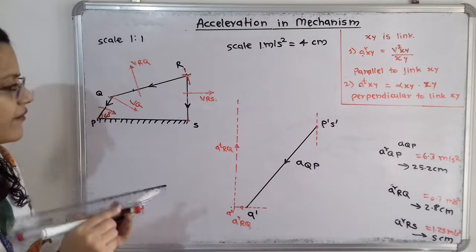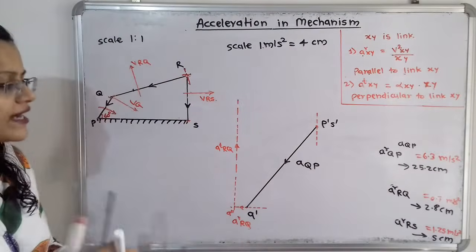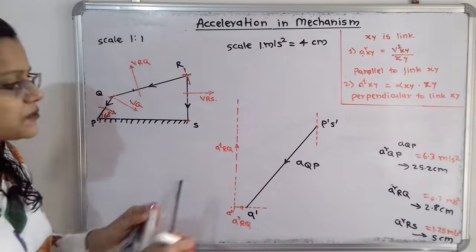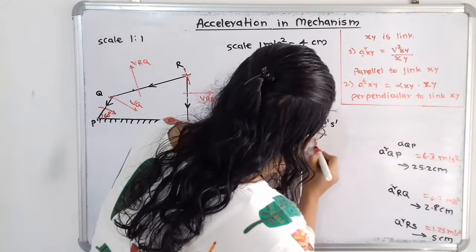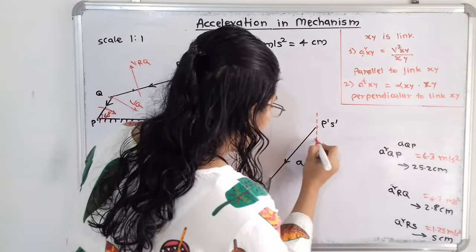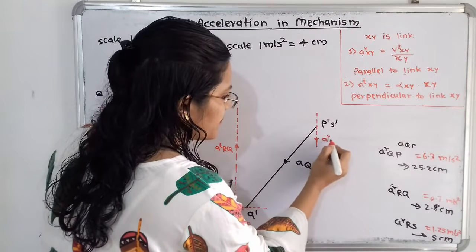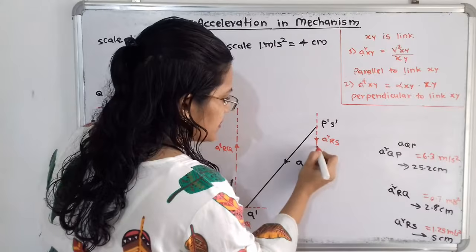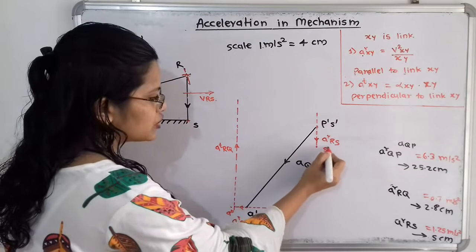In the same way I show the radial component in the downward direction, and the scale is 5 centimeters. So I will take the distance of 5 centimeters and show the arrow, and this is the radial component, a raised to r RS, and from S dash I will take S double dash.